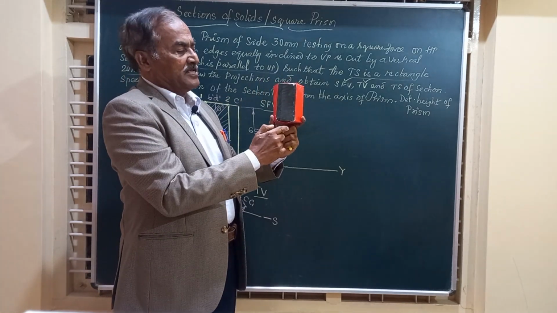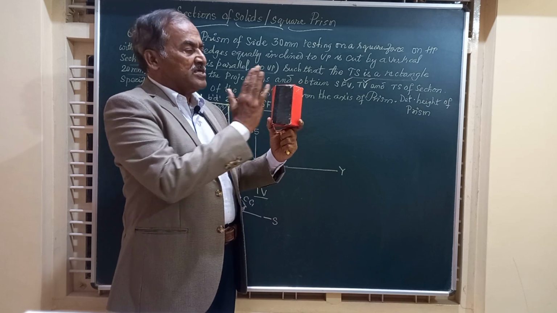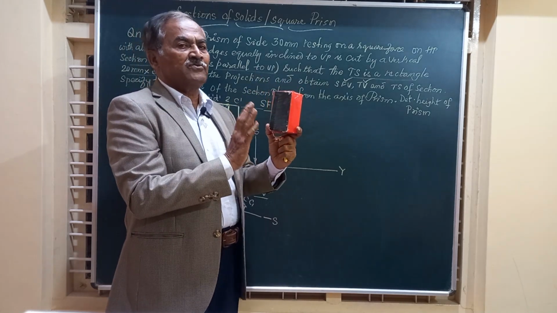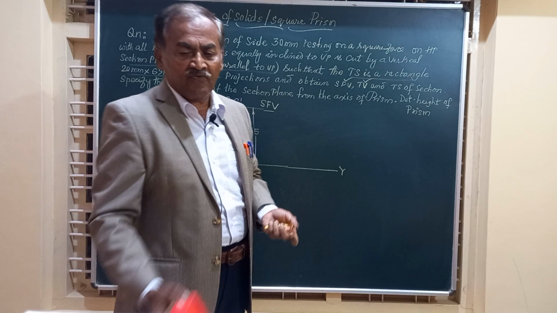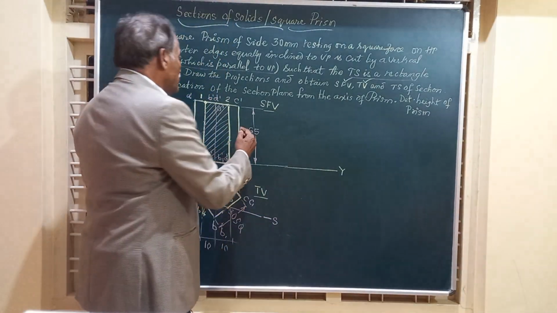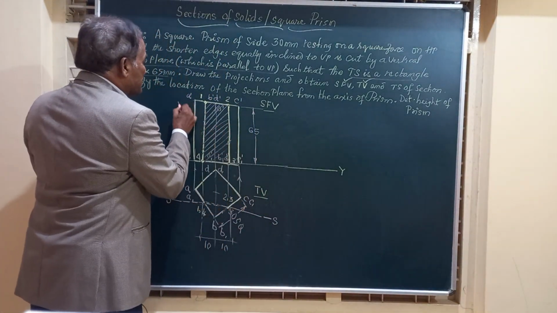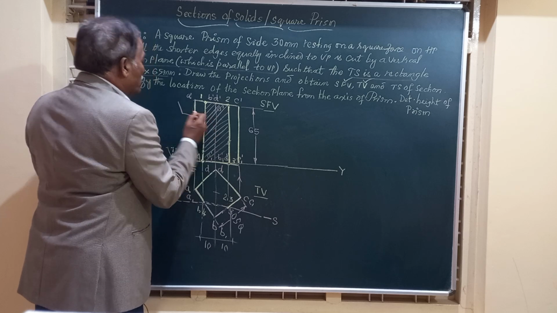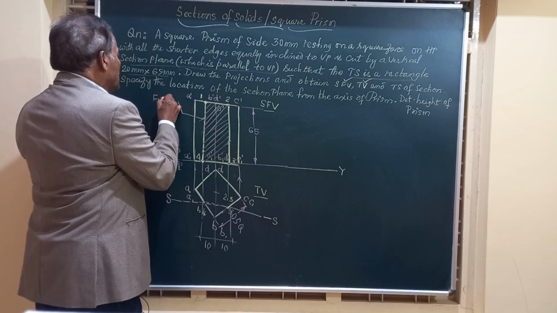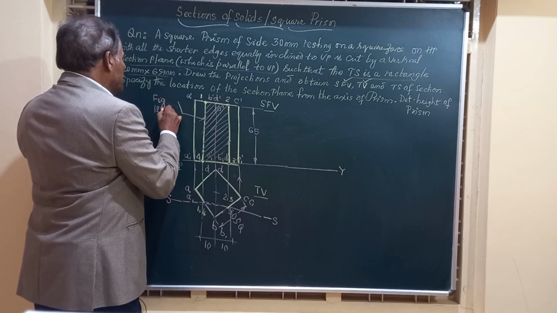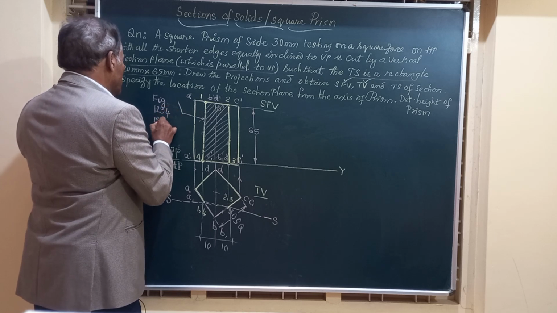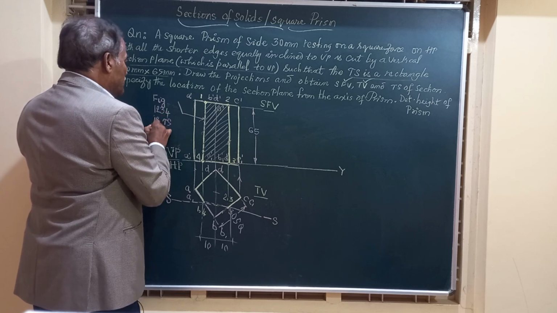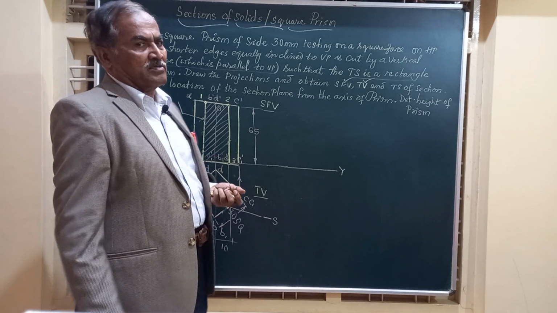Four points are there, and here this figure 1, 2, 3, 4 in the sectional front view will give the true shape of section.